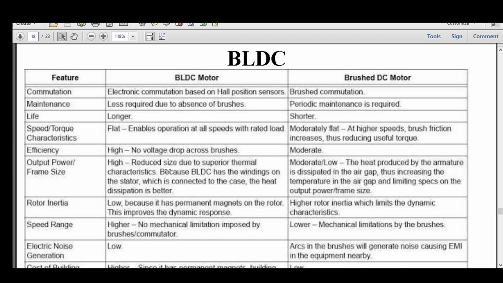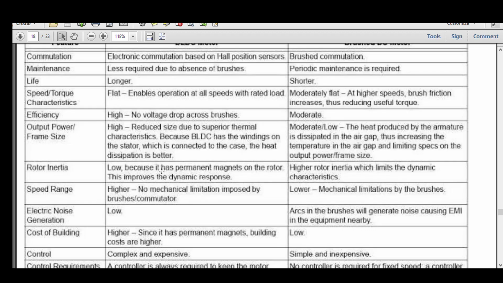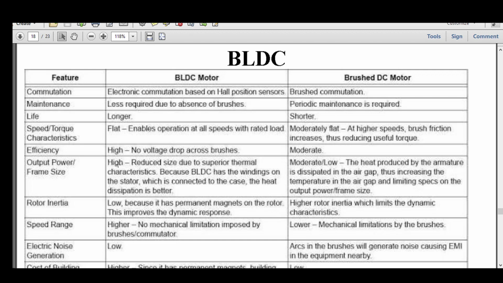Now here is just a side by side comparison between BLDC and brush DC motor. In BLDC it is electronic commutation based on a Hall position sensor. In brush DC motor it is brushed commutation. Maintenance: obviously BLDC is almost maintenance free, while brush DC needs periodic maintenance.